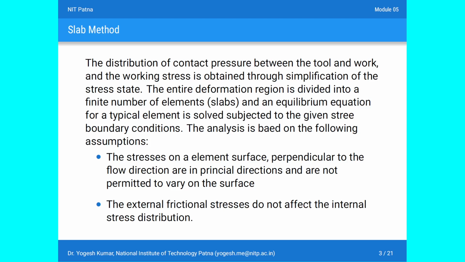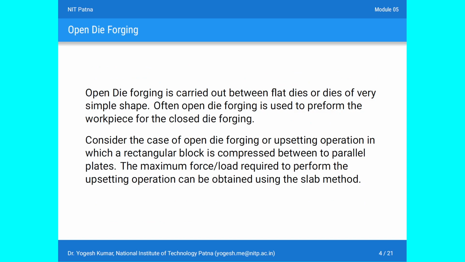So we will start from bulk metal forming processes, and among the bulk metal forming processes, we have the simplest process, which is called forging. In forging we have two types, or you can say three types: open die, closed die, and impression die.